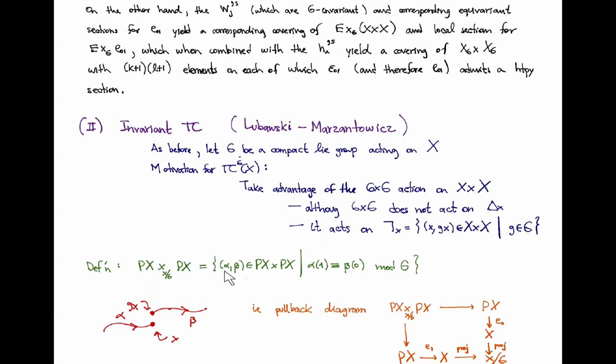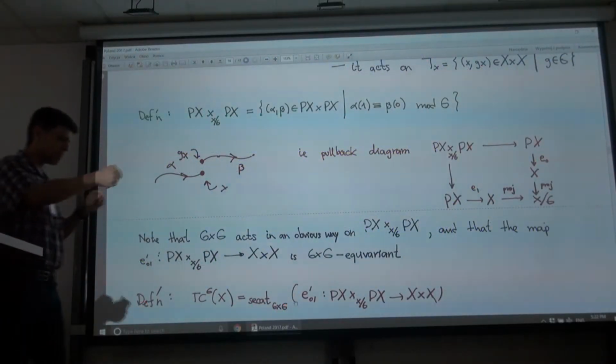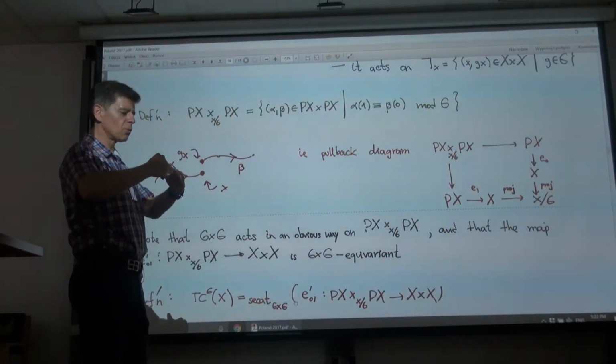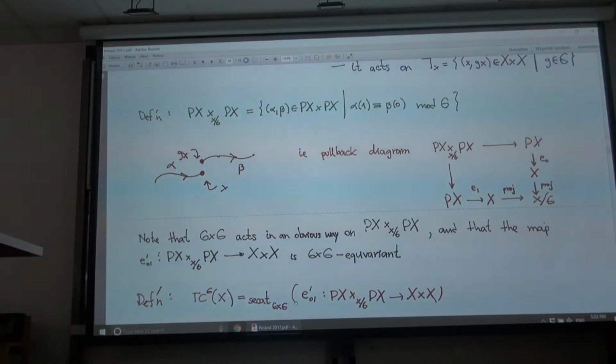This space contains the pairs of paths, alpha and beta. Think of this picture: there's a path in here and then another path, but the condition is that the point where alpha ends lies in the same orbit as the point where beta starts. That should be congruent mod G. So in other words, you have paths, but somewhere in the middle, you can leap to another point.